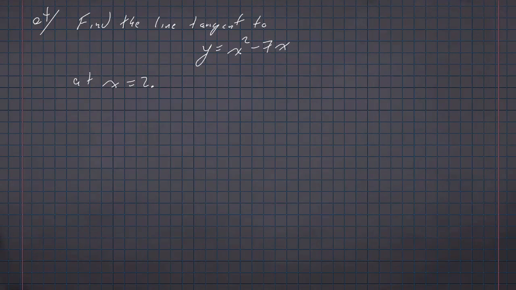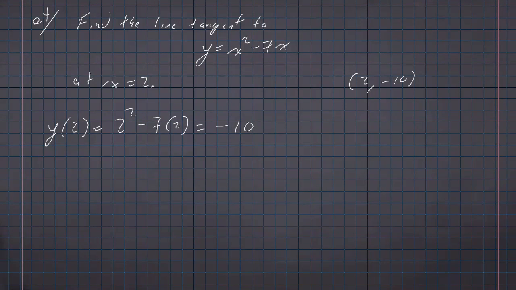Well, from the definition of the tangent line, we're going to need to evaluate y at x equals 2. Right? 2 squared is 4, 7 times 2 is 14, and 4 minus 14 is negative 10. So we know we're going through the point 2, negative 10.